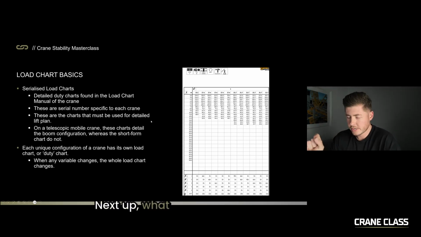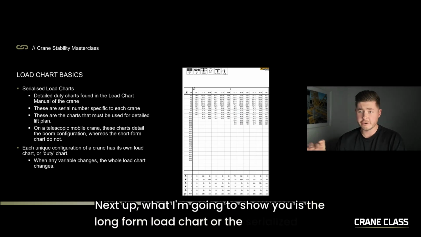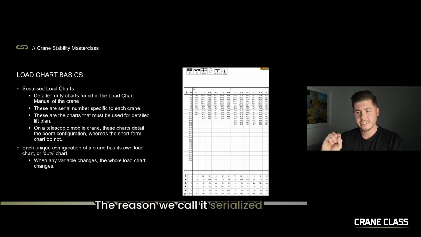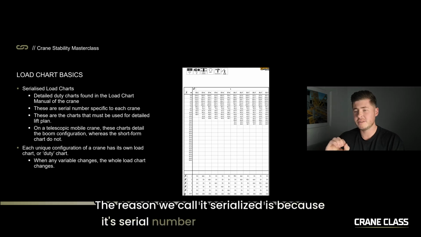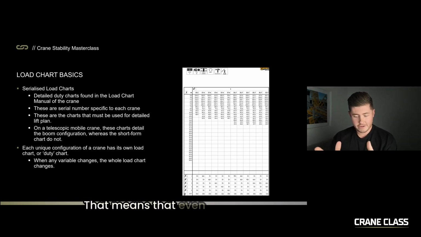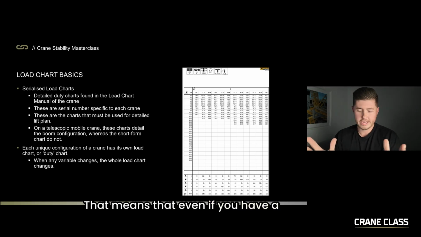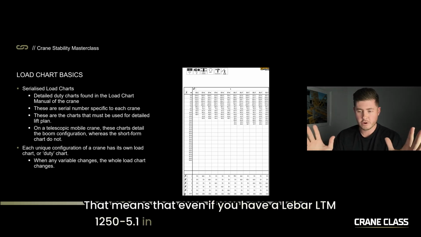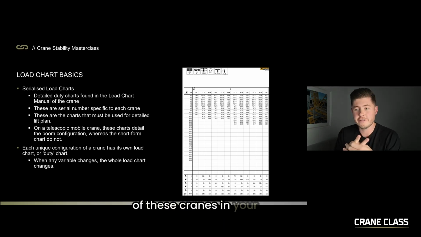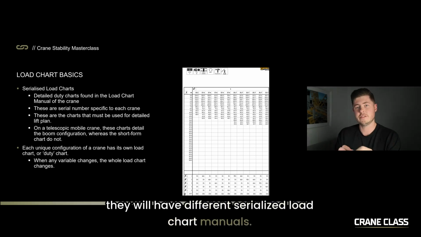Next up, what I'm going to show you is the long form load chart or the serialized load chart. The reason we call it serialized is because it's serial number specific to that crane. That means that even if you have two of these Liebherr LTM 1250-5.1 cranes in your fleet, they will have different serialized load chart manuals.